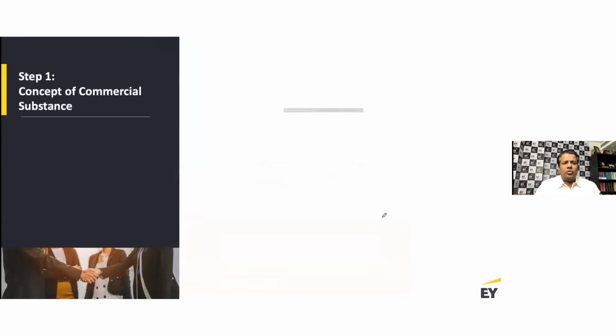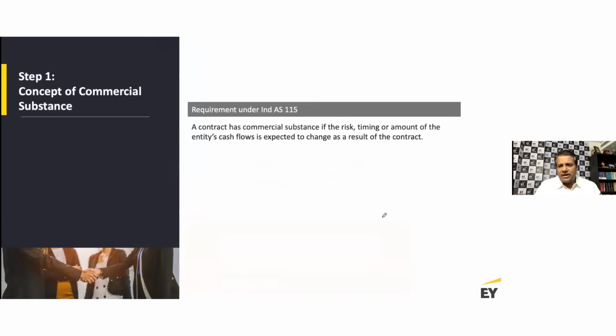Now let's talk through the commercial substance, whether the contract has commercial substance. A contract has commercial substance if the risk, timing, or amount of the entity's cash flow is expected to change as a result of the contract.